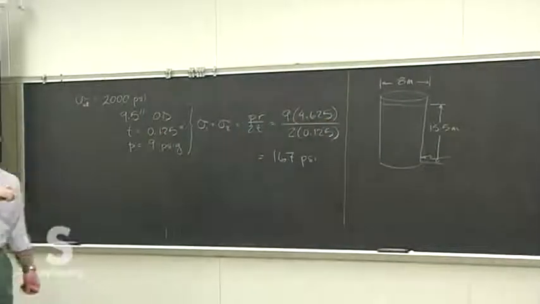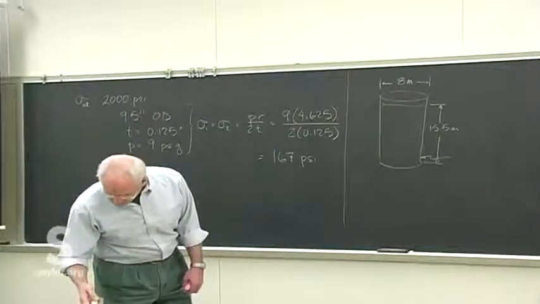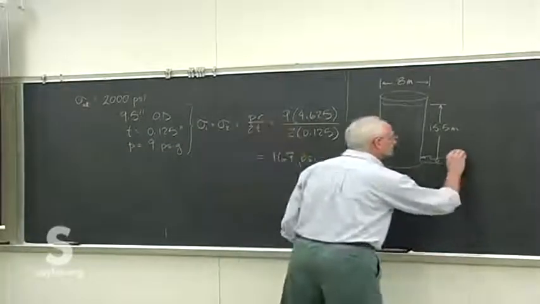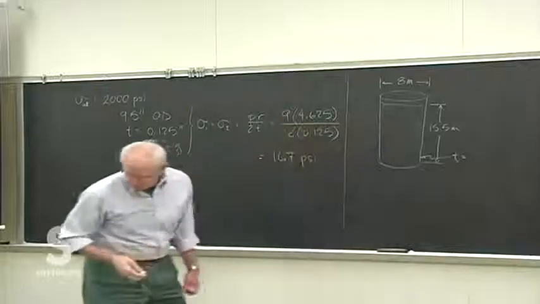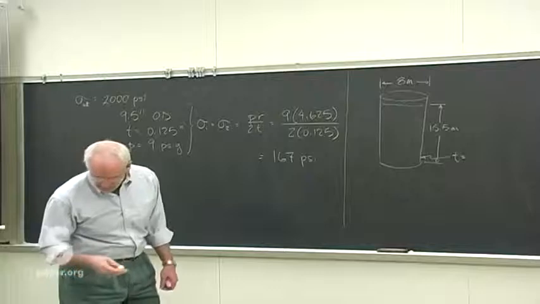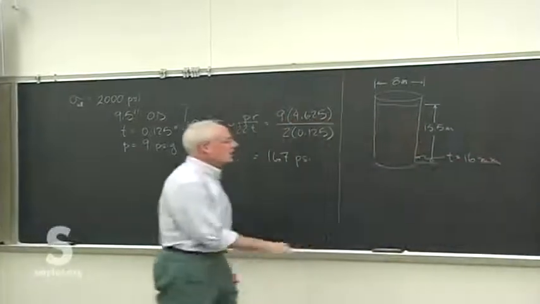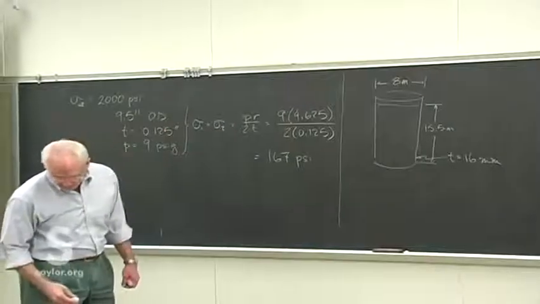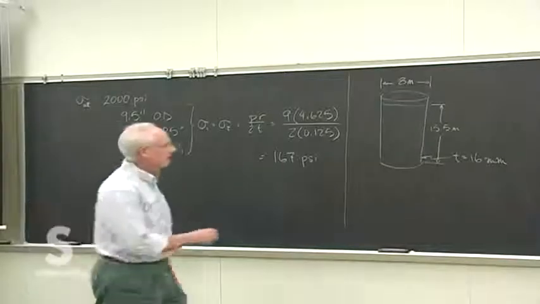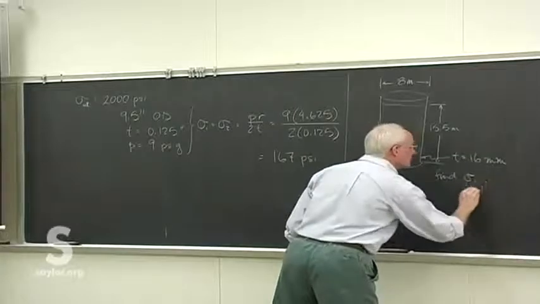Unless it is a closed tank and the space above it is pressurized, which could happen if you want the tank to empty quicker, you pressurize the tank to force it out faster. So a wall thickness of 16 millimeters at the bottom. Determine at the bottom what the hoop stress is then. And we know the longitudinal stress is half that.